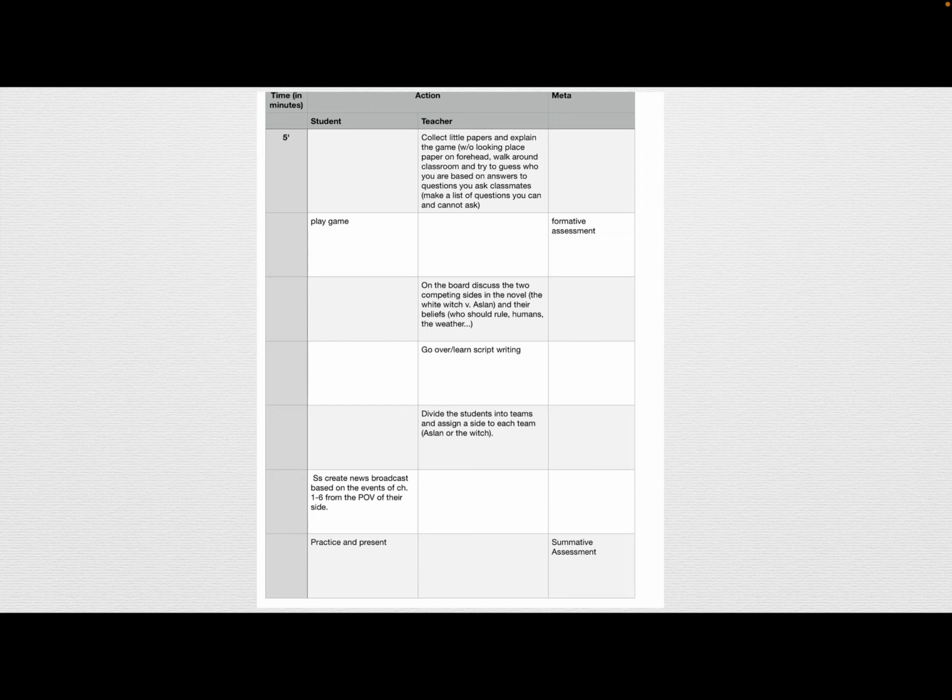This is something that I think The Chronicles of Narnia, The Lion, the Witch and the Wardrobe really lends itself to, and I think the students have fun with it. Basically, the students are going to create a news broadcast and they're going to get one of two choices. They're either going to be on the witch's side or on Aslan's side.